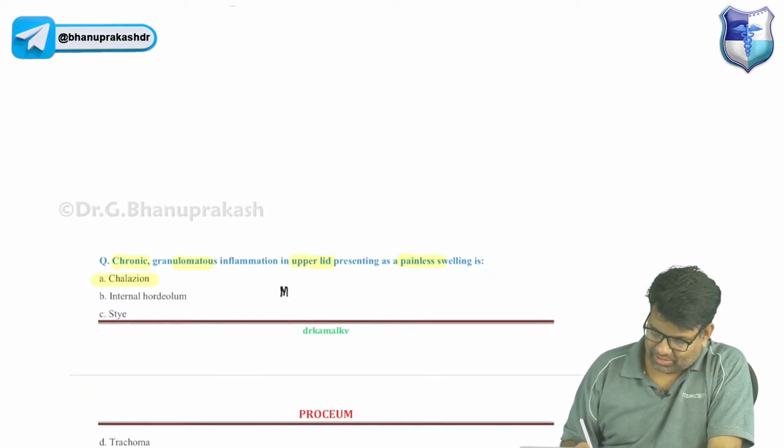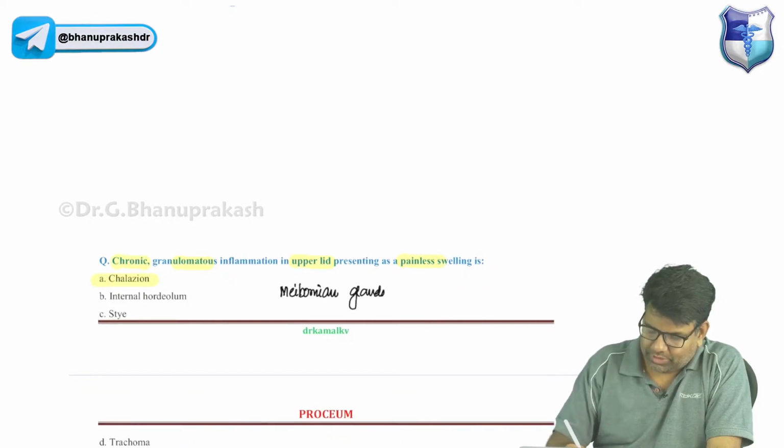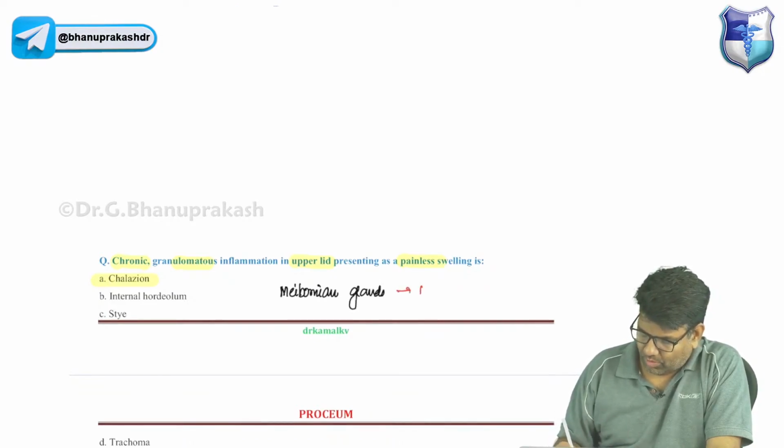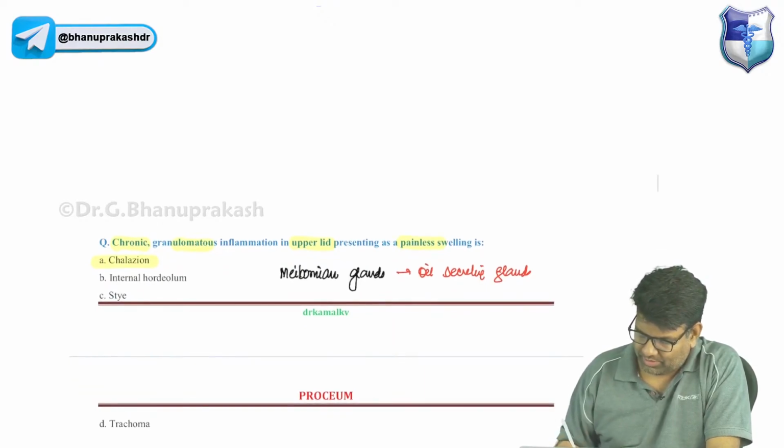Very good. So this is affection of meibomian glands, which are actually oil secreting glands. Yes, away from lid margin, very rightly said. Very good.